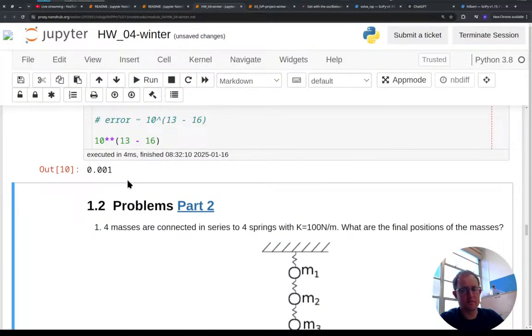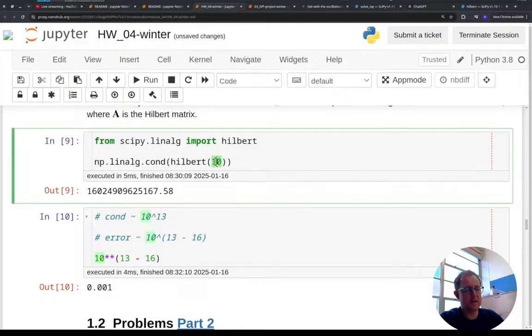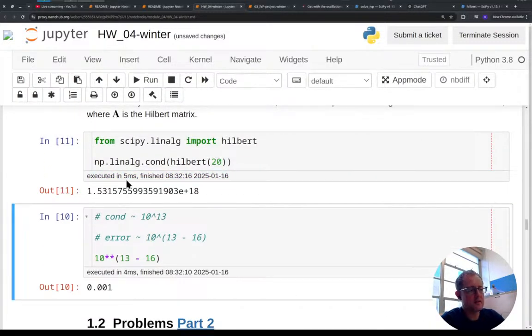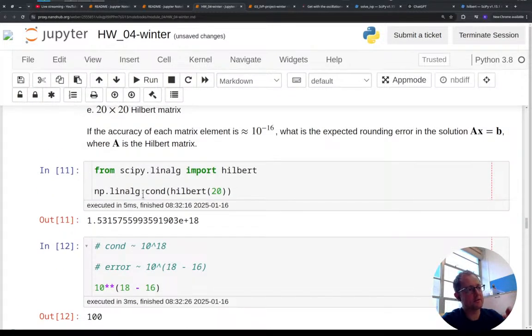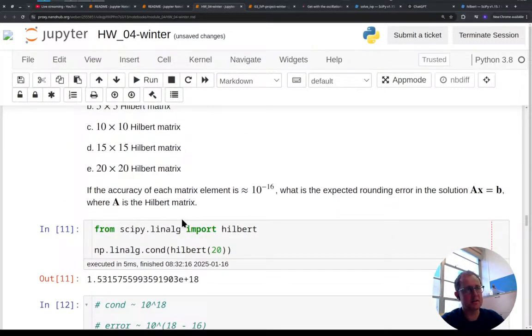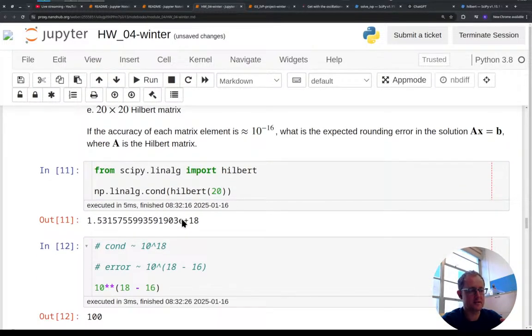So 0.001 for that. 10 versus 20. Now we have a 10 to the 18. So if we have a matrix that has a condition number of 10 to the 18, and we know it's not singular, so in this case the Hilbert matrix is not singular, but it's ill conditioned, which means that it's hard for a computer to solve things.